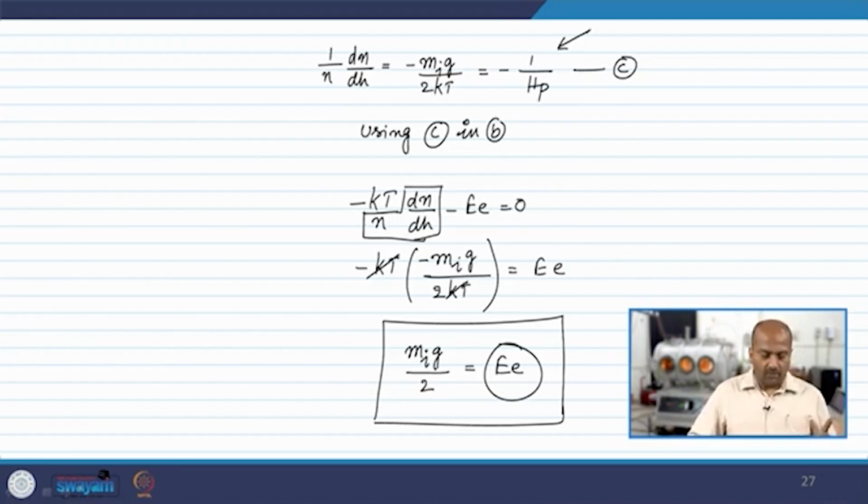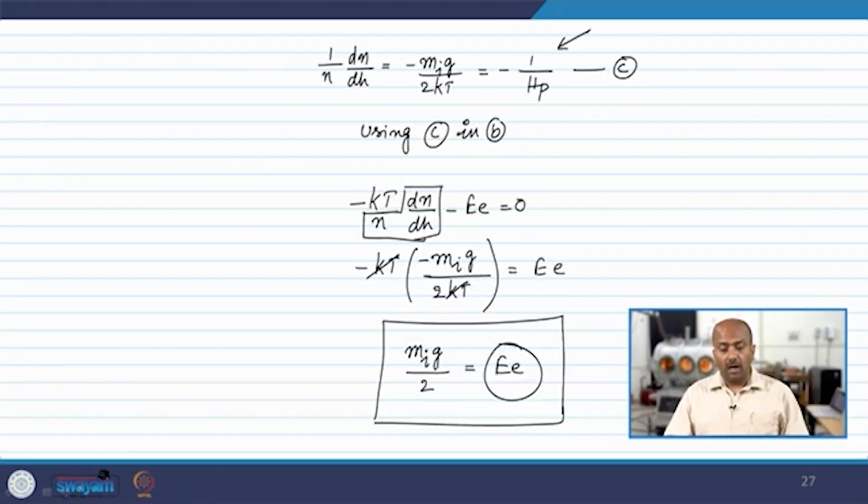So, we can say that the electrons will behave as if they have a mass of Mi by 2. Because of the opposing electric field, the electrons behave as if they have a mass of Mi by 2. What is the direction of this force? This force is downwards, along the gravitational pull. The same force will naturally act in the upward direction for the ions.